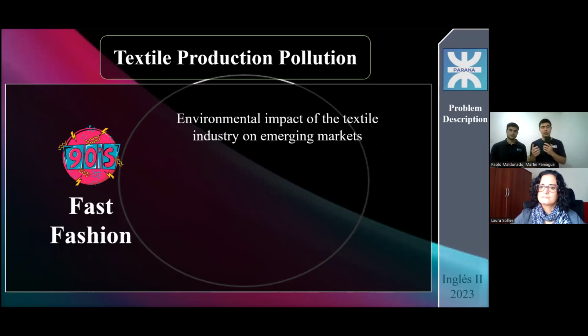Although fast fashion has reduced production times and provided access to affordable fashion clothing for millions of people, it has also generated a considerable amount of textile waste and contributed to environmental pollution in various ways, such as textile waste generation, intensive use of water, and use of chemical and synthetic materials.